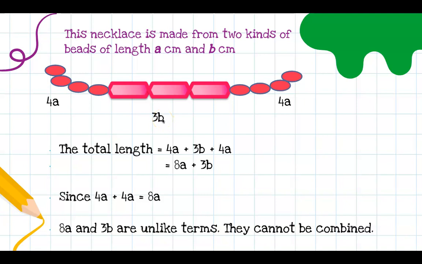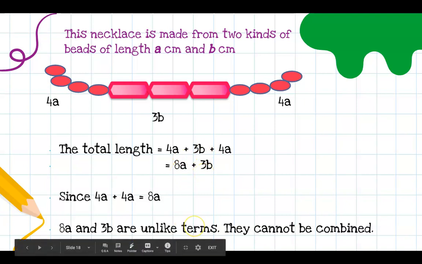When you combine, you cannot combine B to the A's. So this is how we represent 4A plus 3B plus 4A. I can only do 4 plus 4, which is 8, then just copy the variable A and plus 3B. You cannot combine 8A and 3B anymore because 8A and 3B are not like terms.